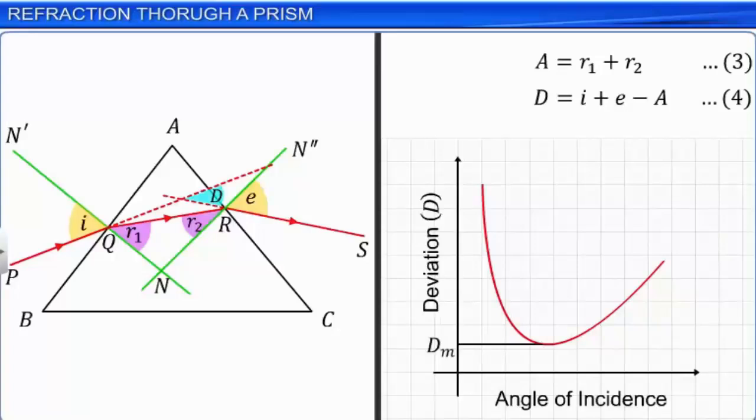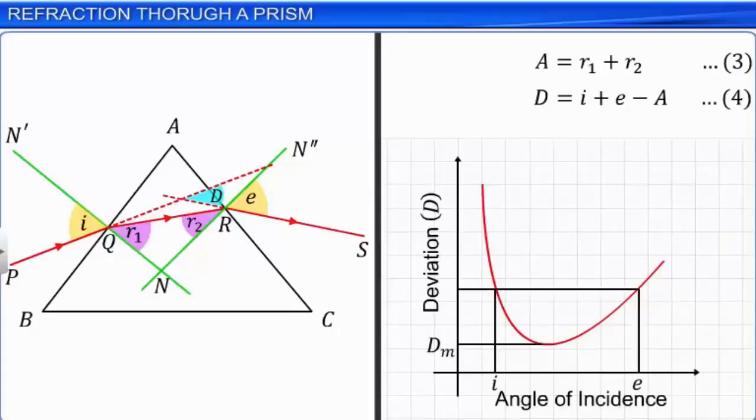Hence, corresponding to any value of the angle of deviation other than dm, we have two angles of incidence. These two angles correspond to I and E. That means, if one is the angle of incidence, the other will be the angle of emergence.